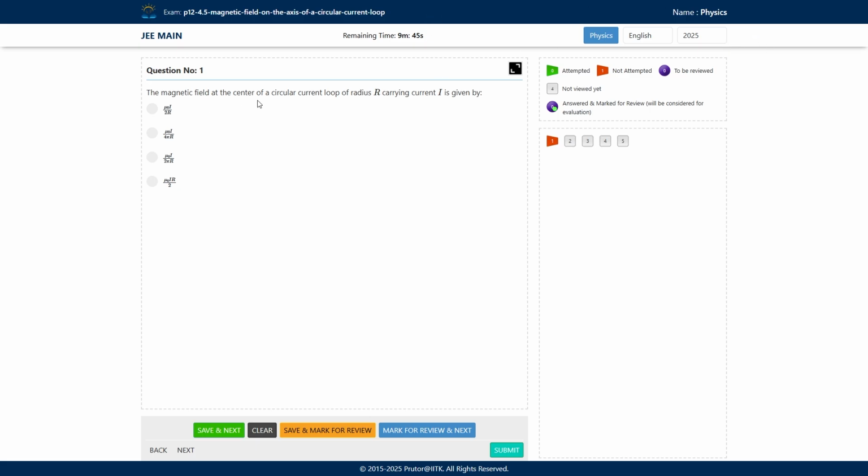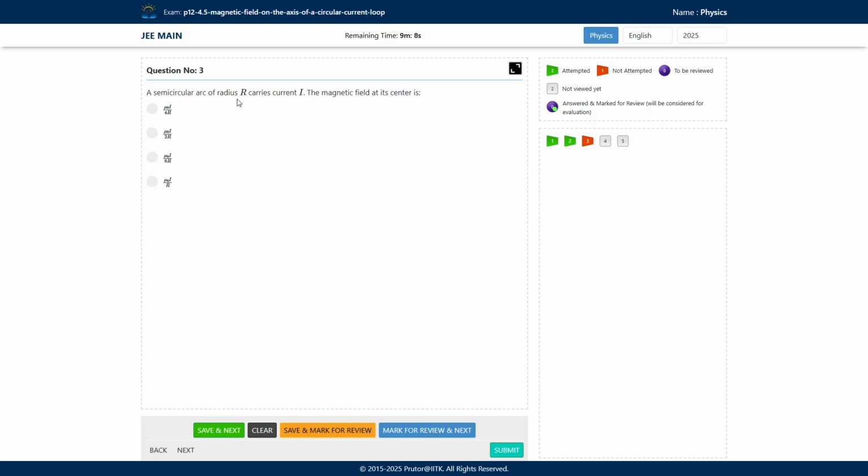So the magnetic field at the center of a circular current loop of radius r carrying current I is given by. I am marking the answers randomly. You can mark what is correct. For a circular coil of radius r carrying current I, the magnetic field at a point on its axis at distance x from the center is proportional to.